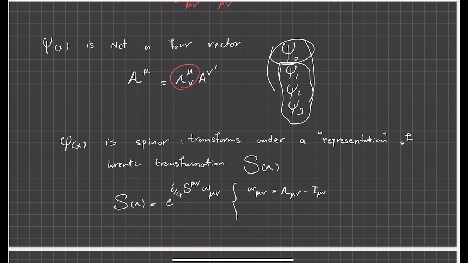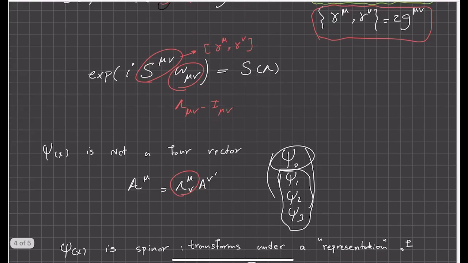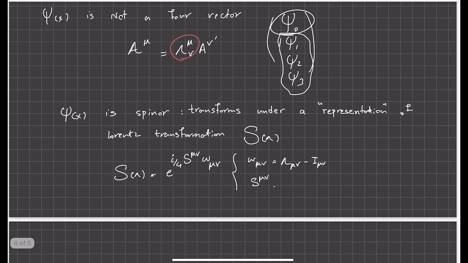So basically omega is a measure of how much we're deviating from the identity operation, or doing nothing. And also this S mu nu, as we explained up here, is the commutator between gamma mu and gamma nu. And this is an SU(2) times SU(2) representation of the Lorentz transformation.